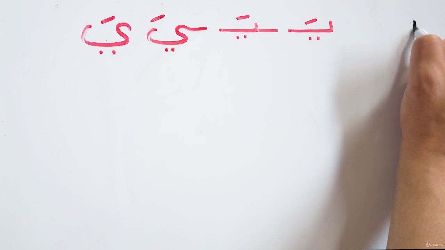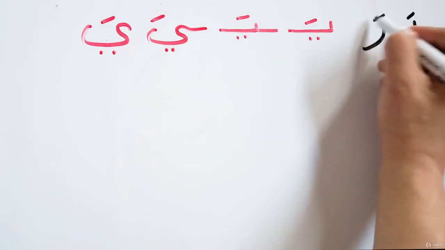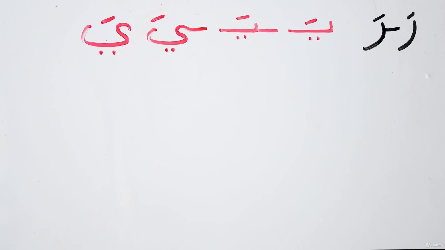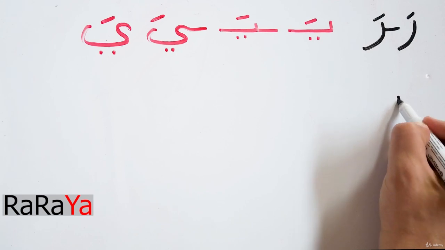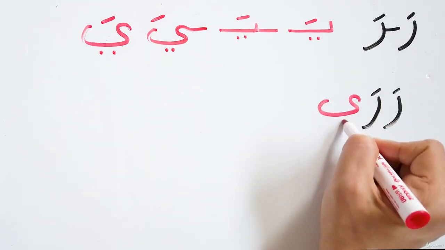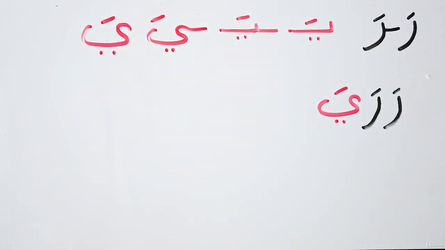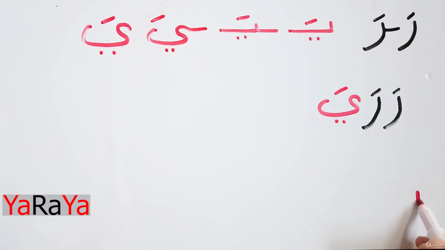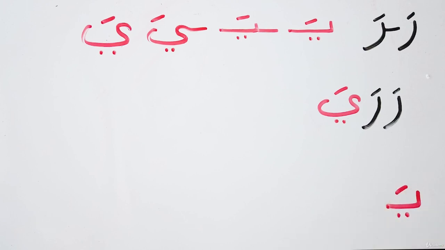We will use ra today. Let's write the first word. Ra, ra, yeah. The second word is ra, yeah.